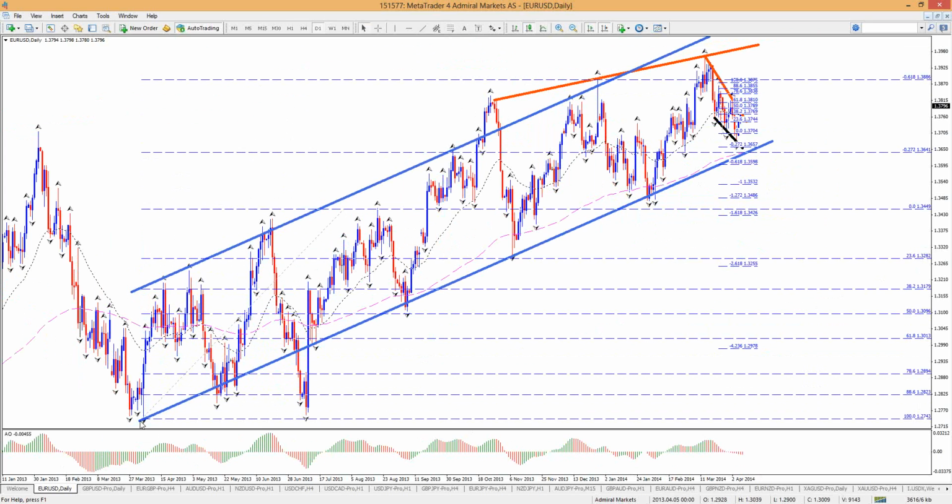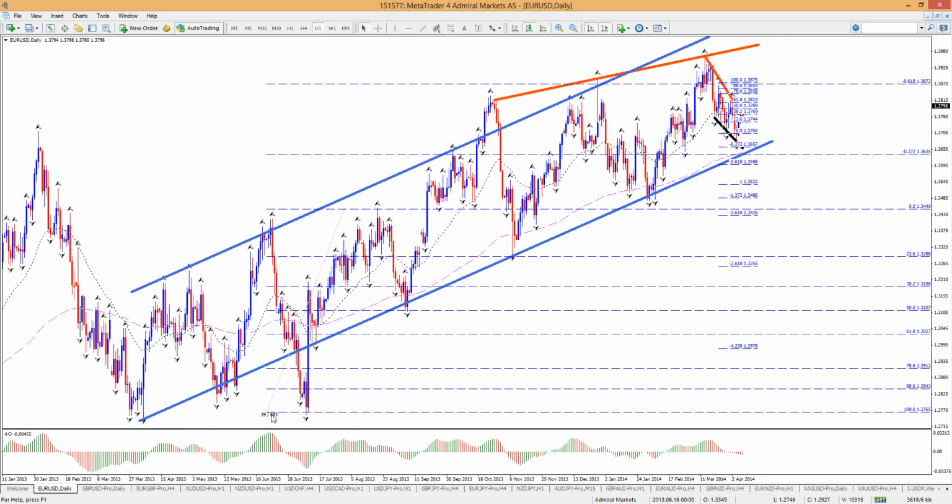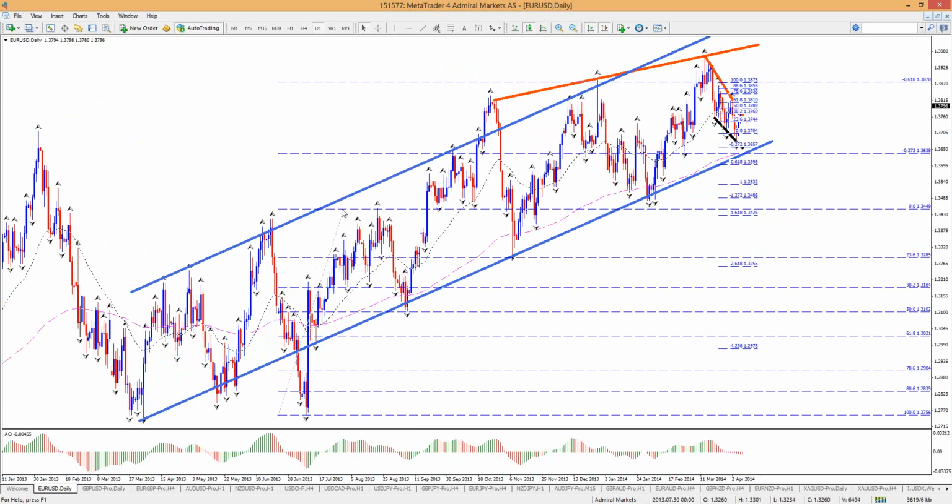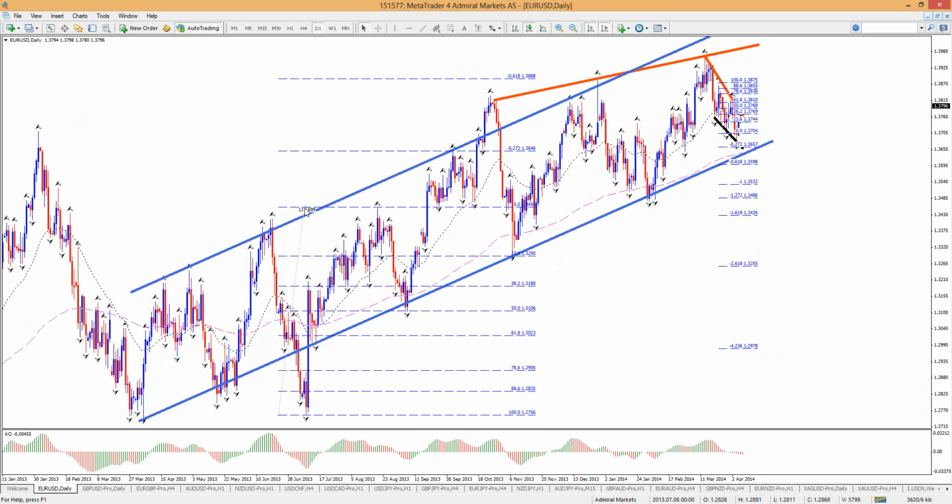I'll start one bottom further because it was quite messy before that. And that's, of course, something you must realize: fibs are going to have trouble with ranges. That's why I would personally recommend using them in conjunction with moving averages or whatever method you use to understand that there's a range going on.